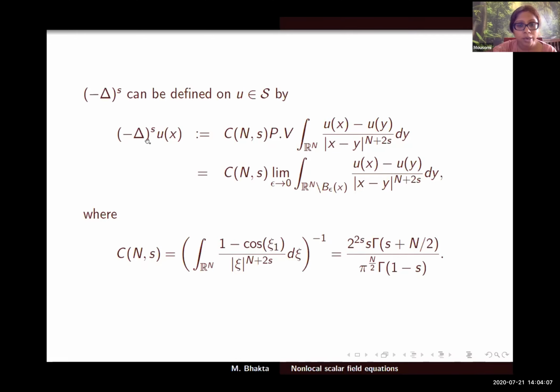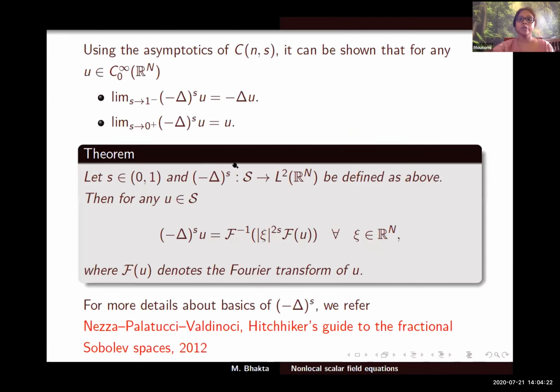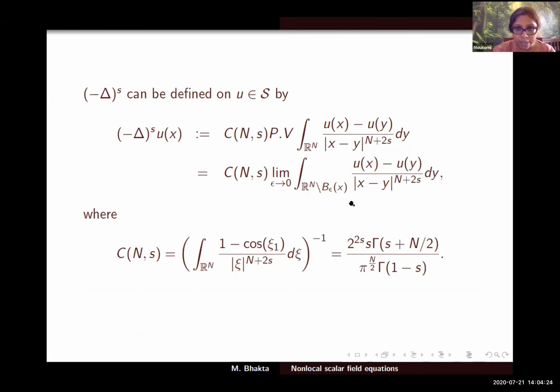Now this minus delta to the s is called the fractional Laplacian, and I will tell in a minute why we call it the fractional Laplacian, what the motivation for it is.